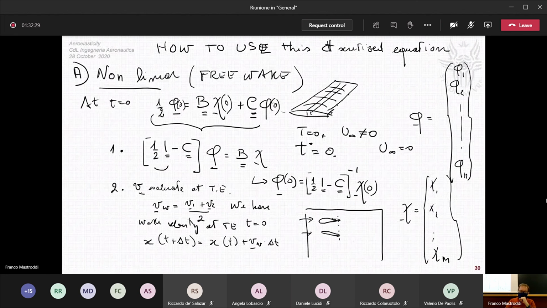Okay, so we are able, time by time, after evaluating the velocity, to evaluate the panel position of the wake. And therefore, in step 3, we can move our delta phi in the first row of wake panel I've generated.